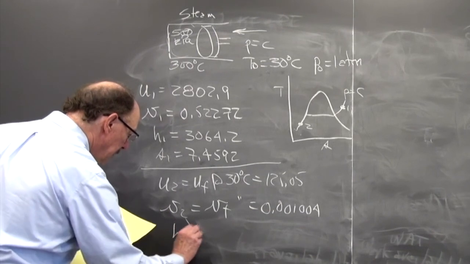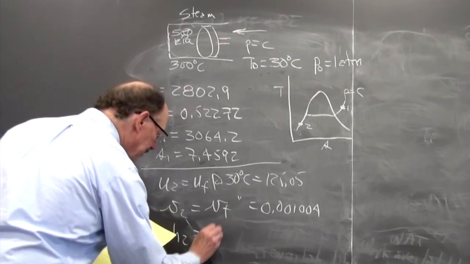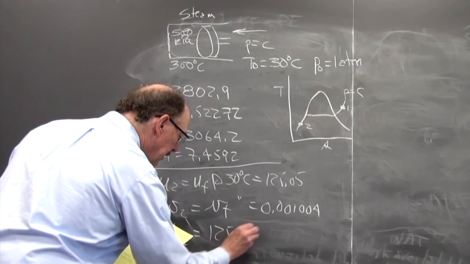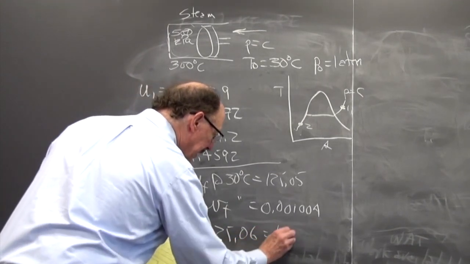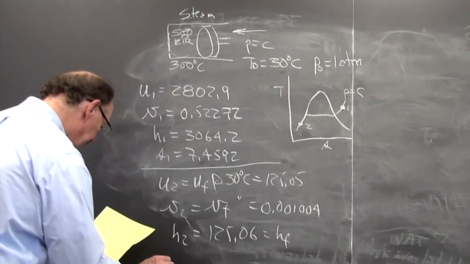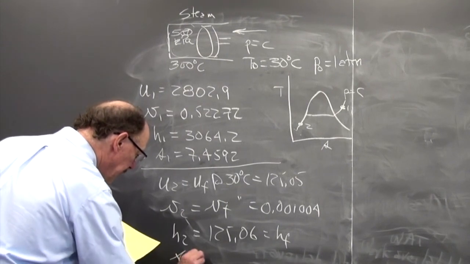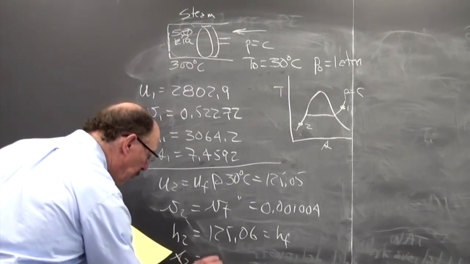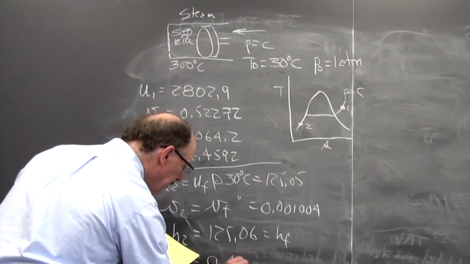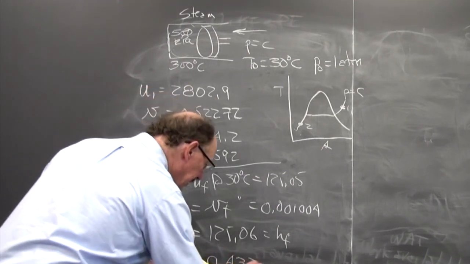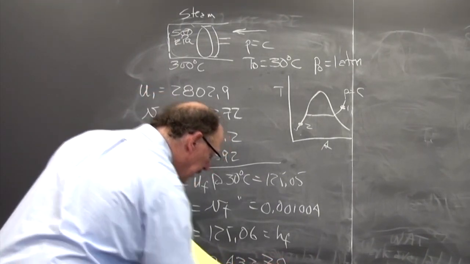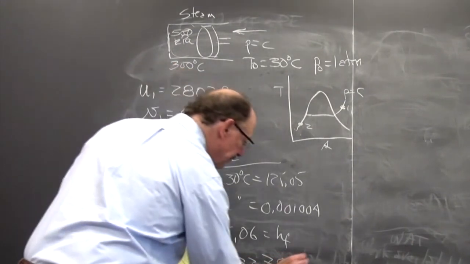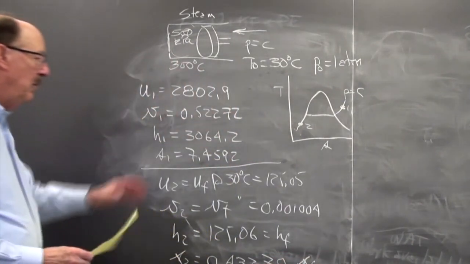H2 is equal to 125.06, and that's equal to H sub F. And S2 is equal to 0.43278, and that's equal to S sub F. So we look up all these properties.